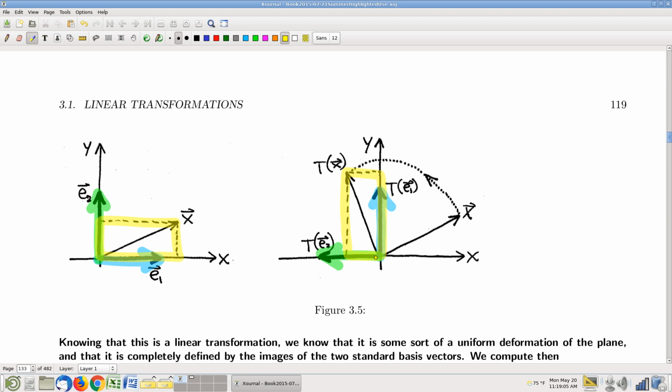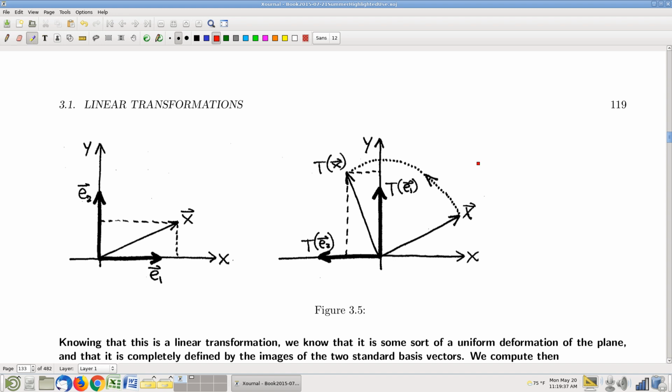And so you can just look and see that in the same way that E1 rotated 90 degrees and E2 rotated 90 degrees, so did the arbitrary vector x rotate 90 degrees. Every vector in the plane gets rotated 90 degrees counterclockwise around the origin by this function. So it's a rotation. That's kind of neat.